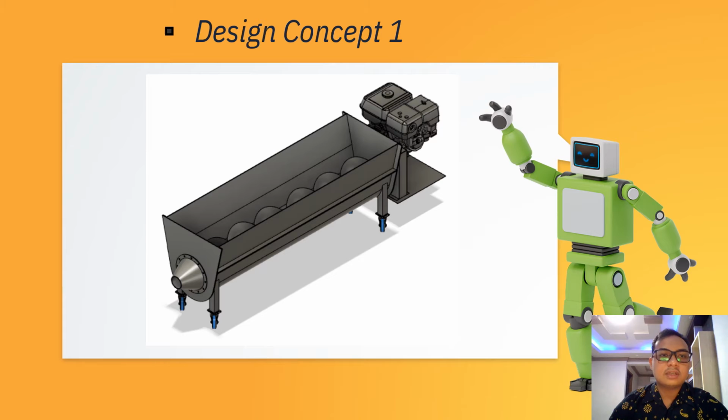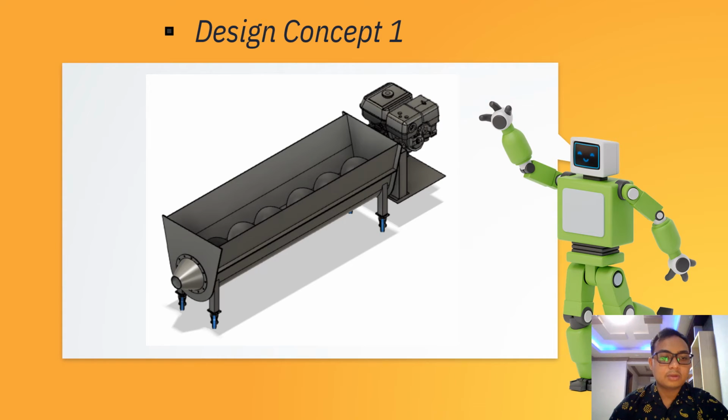This is design concept 1. In design concept 1, the conveyor strokes and hopper have the same length, which is 115 millimeters. The low hopper height has the advantage of making it easier to operate when pouring the liquid concrete.